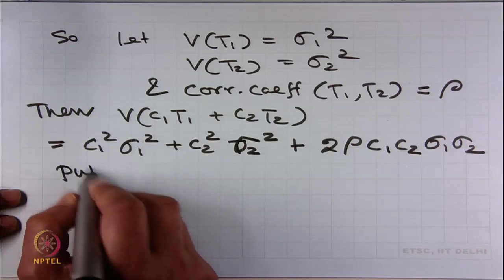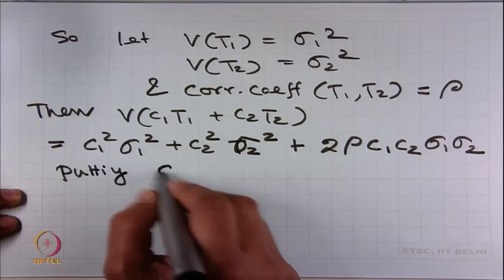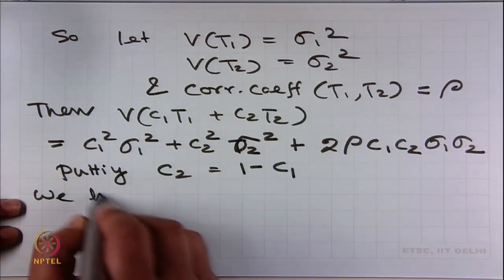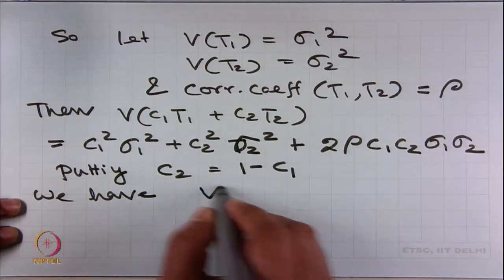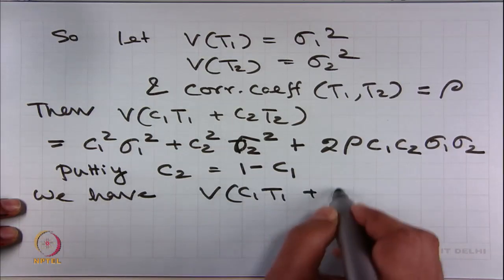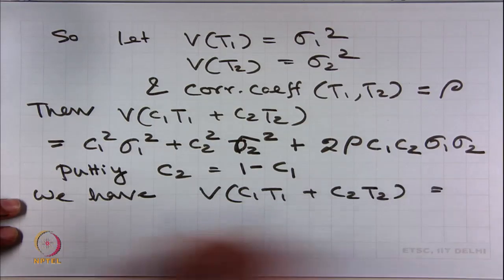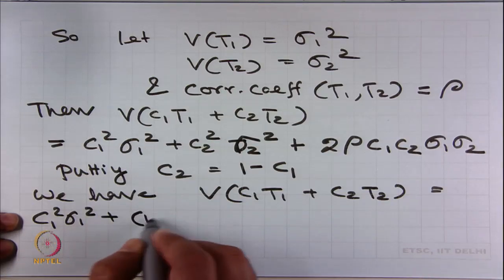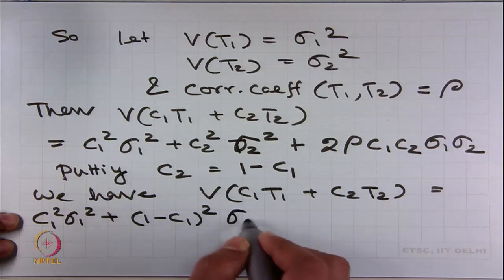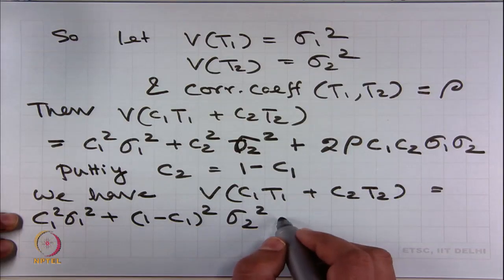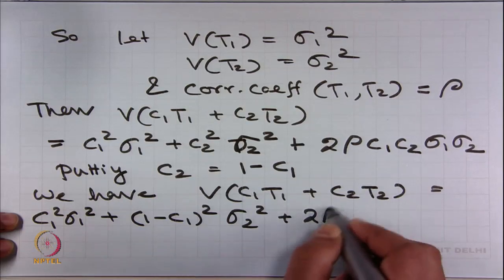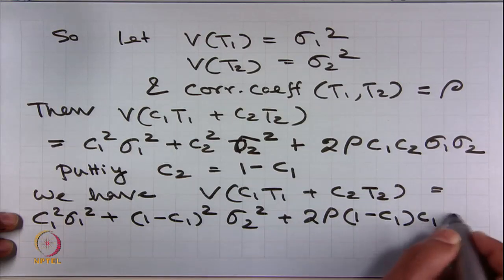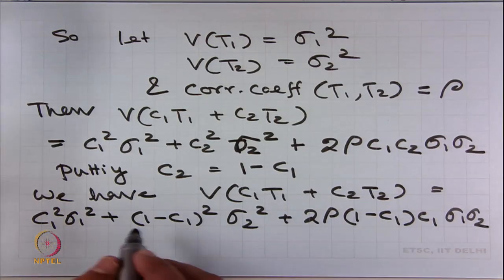Putting C2 is equal to 1 minus C1, we have variance of C1 T1 plus C2 T2 is equal to C1 squared sigma 1 squared plus 1 minus C1 whole squared sigma 2 squared plus 2 rho 1 minus C1 into C1 sigma 1 sigma 2.